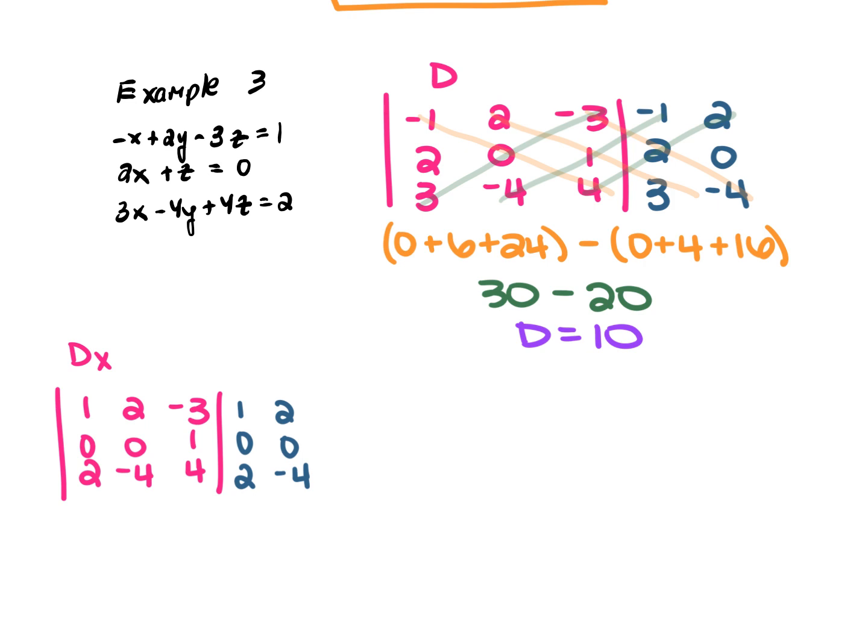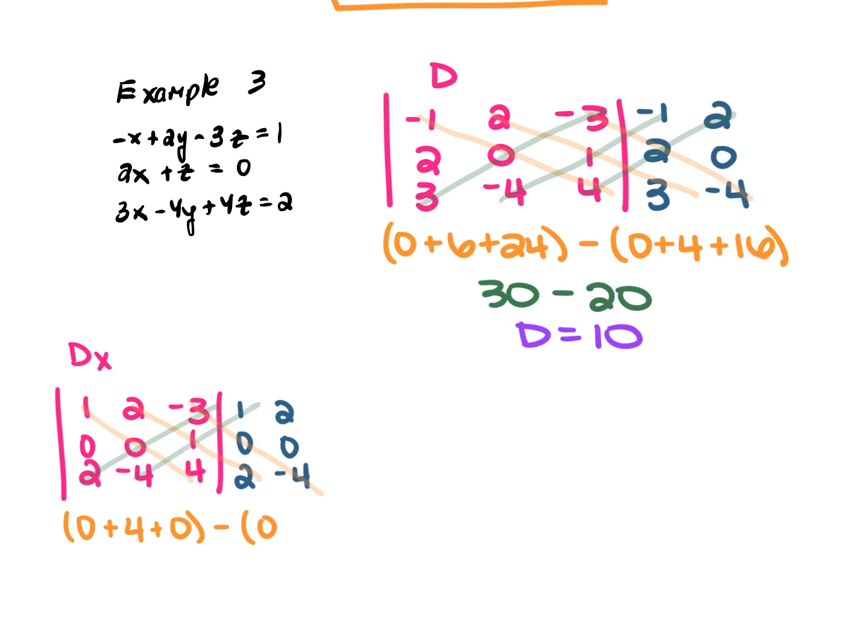If we multiply the 1, 0, and 4, that gives us 0. 2, 1, and 2 gives us 4. Negative 3 times 0 times 4, or negative 4, is 0. If we multiply from down up, you have 2 times 0 times negative 3, which is 0.